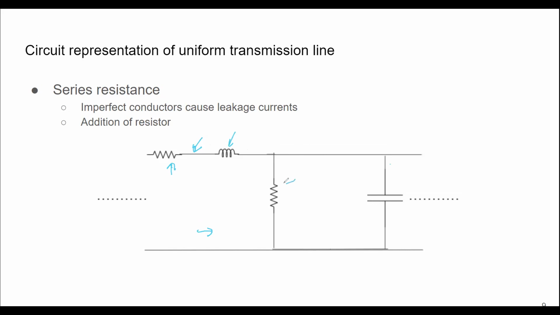And then we have added the parallel resistor to denote the stray currents that are flowing from the top conductor to the bottom conductor across the imperfect dielectric material. And then we introduced a capacitor to denote the voltage that is getting stored between the two conductors due to these stray currents flowing through the dielectric medium.